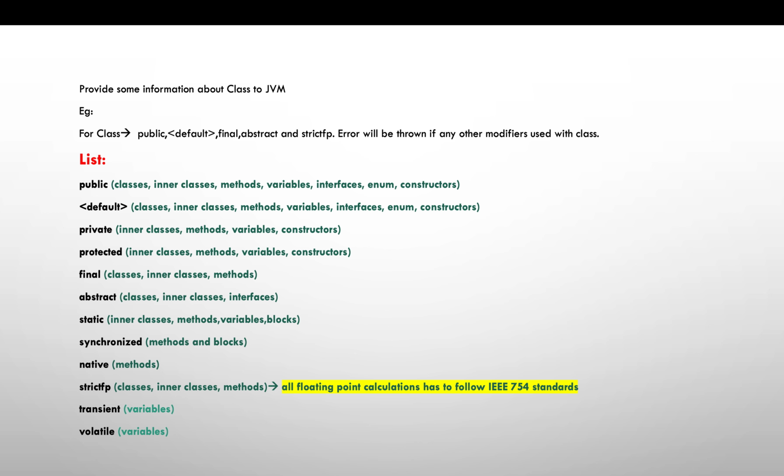The last one is the volatile modifier. It should be applied only to variables. In a multi-threaded environment, if you don't want the variable value to be changed, then declare that variable as volatile.